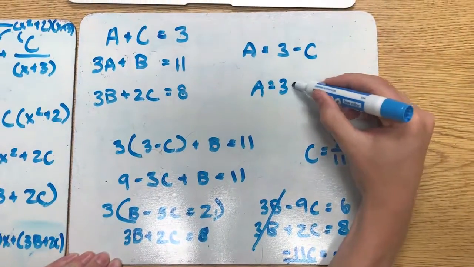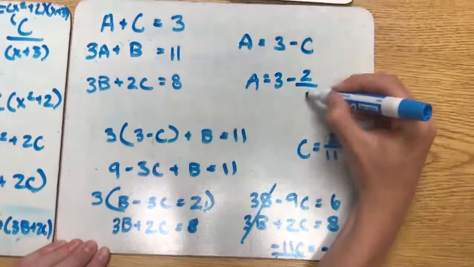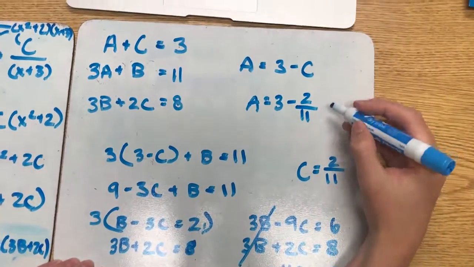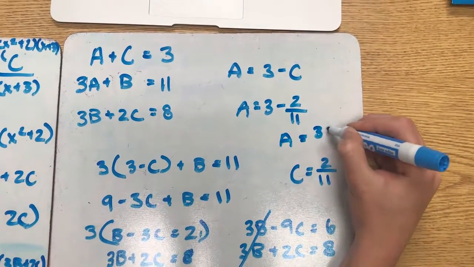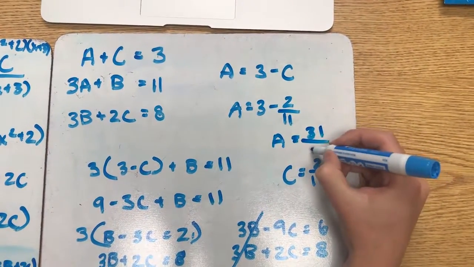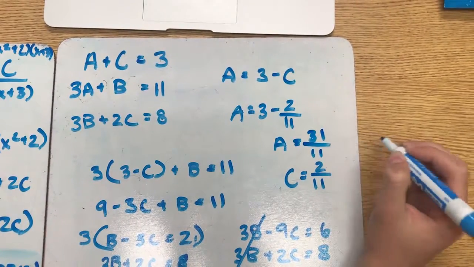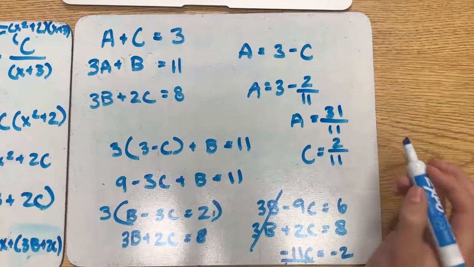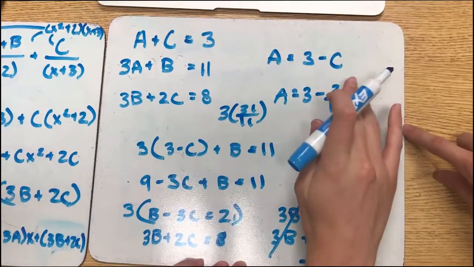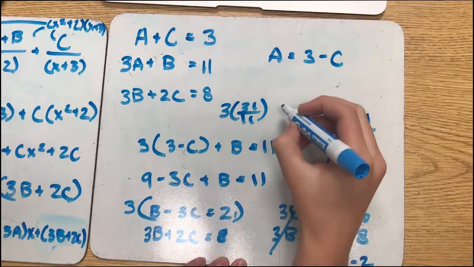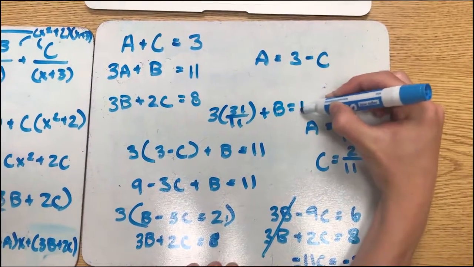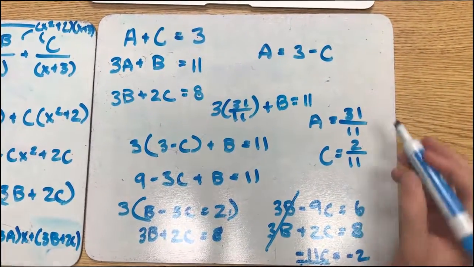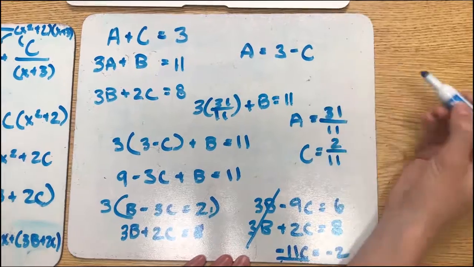Then we plug in 2 over 11 for c in this equation right here, making a equal to 3 minus 2 over 11, which gives you a is equal to 31 over 11. Then we plug in 31 over 11 for a in this equation to get 3 times 31 over 11 plus b is equal to 11.